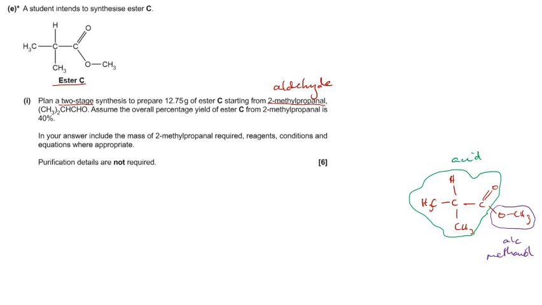And what acid are we going to need? Well, we've got 3 carbons and a methyl group, so we're going to have methyl propanoic acid. We don't have to write the 2 because that's the only place it could go. So that's what we're going to need. Let's write out a little equation.